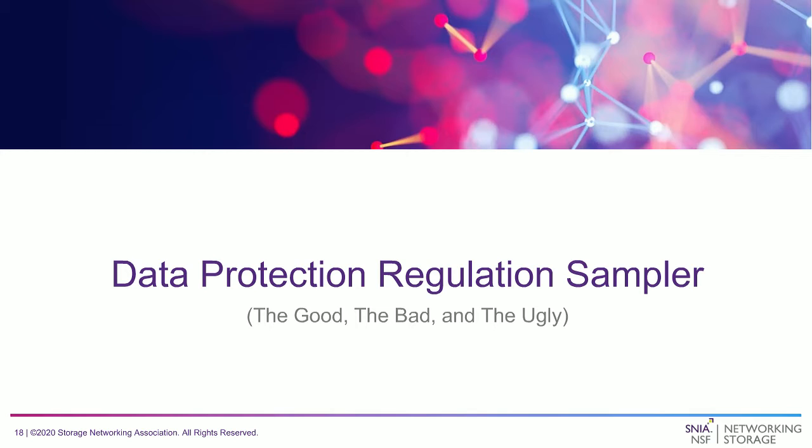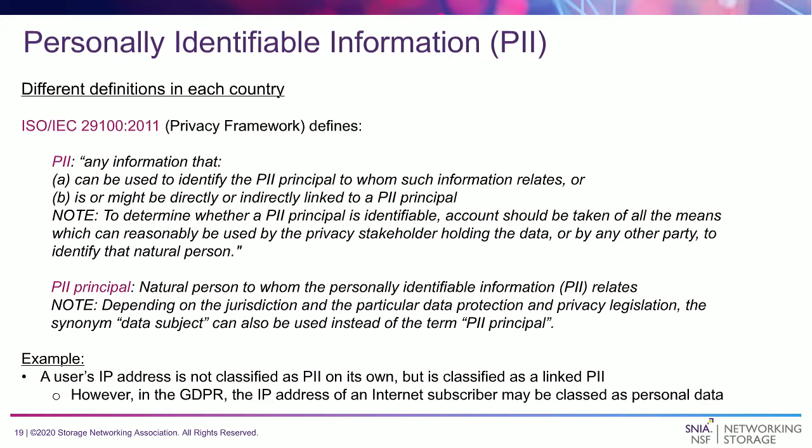So in terms of the sampler, we decided to really talk about a couple of different regulations because there are actually many globally. But before we do that, it's probably important to set the common baseline of, well, what do we mean when we say things like PII, or personally identifiable information?